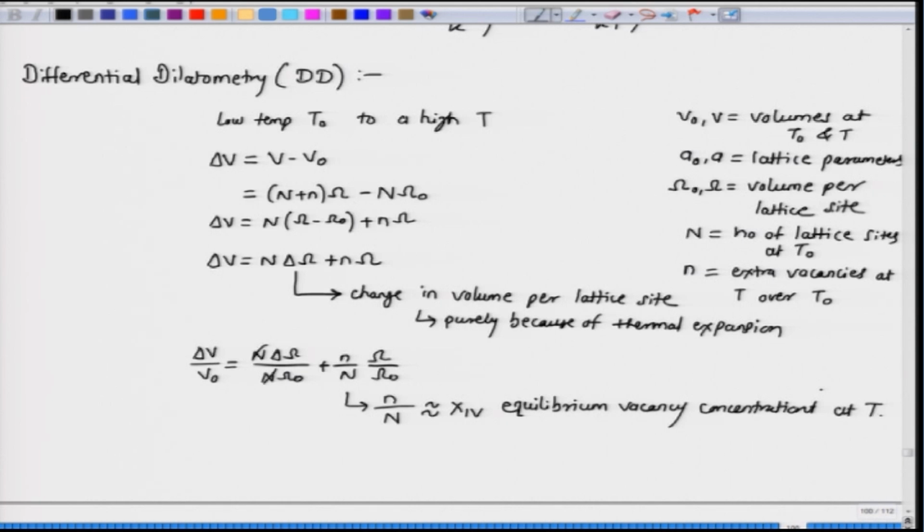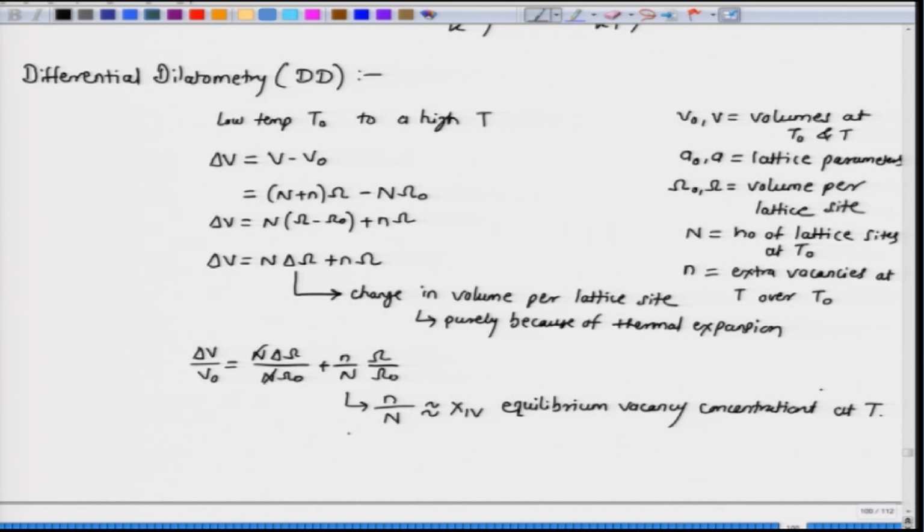This is because the temperature T0 is usually selected at a very low value and the temperature T is at a very high value, because of which the vacancy concentration at T is much higher than that at T0. So, the change in vacancy concentration is approximately equal to the new vacancy concentration established at temperature T, and so we can approximately take this equal to x1V.